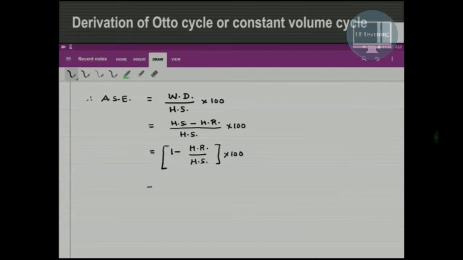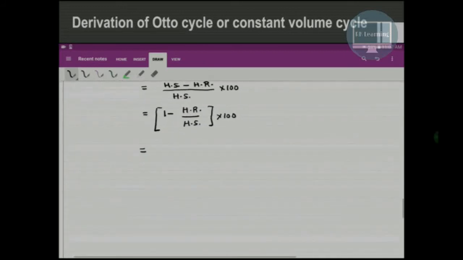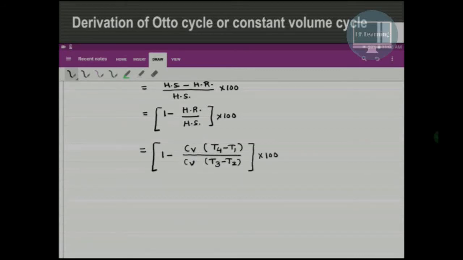Now substitute the values which we have obtained in the earlier analysis part. So we can say that this is 1 minus heat rejection, which is nothing but Cv into (T4 minus T1), and heat supplied is nothing but Cv into (T3 minus T2), bracket complete, multiply by 100.